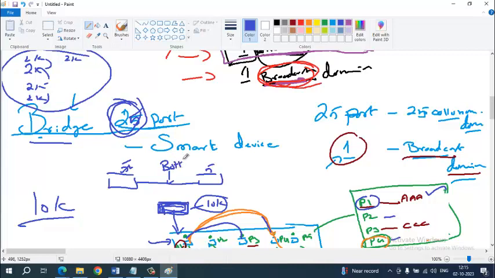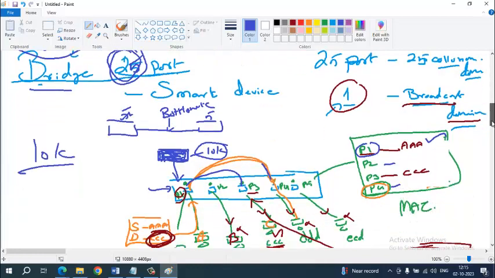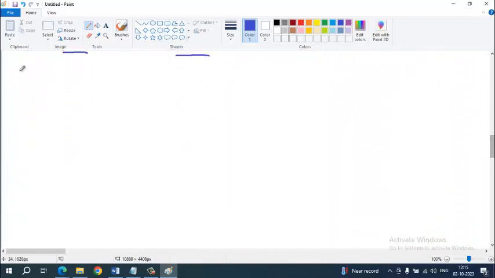Whereas here, it is faster, at motherboard speed. So we want something big. That is why switches came.